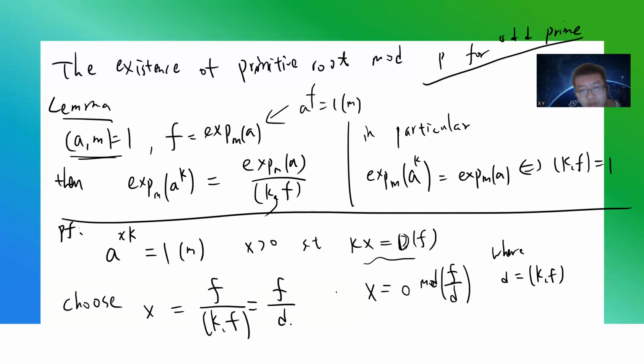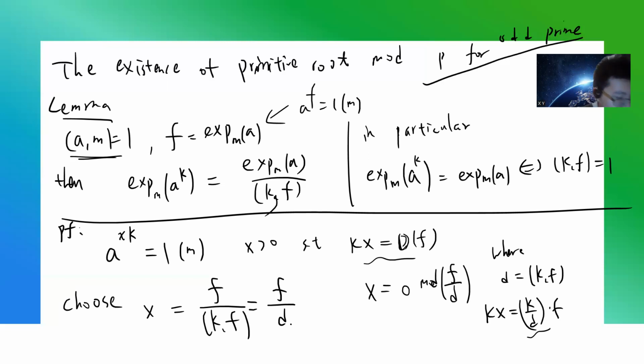Because d divides f, and d also divides k, kx is 0 mod f. Indeed, you can write kx as (k divided by d) times f, and since d divides k, this is an integer times f. So it's a multiple of f.